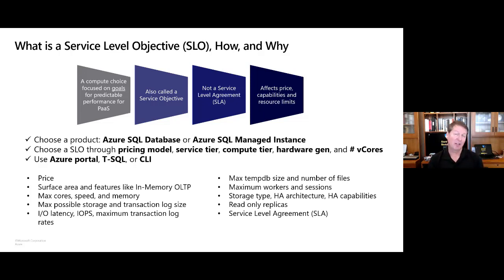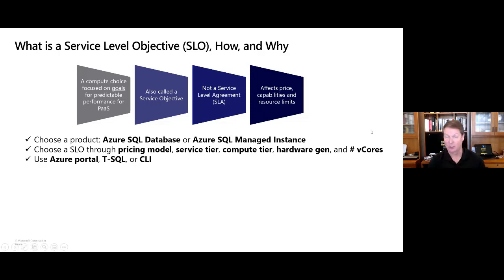Because you have decided for your app, when you're deploying on your own, what kind of resources do I need, both from a CPU, memory, and IO perspective and storage perspective? And then what kind of configuration options do I get, and what availability requirements do I get? So we're going to go into more detail now and compare Azure SQL Managed Instance and Azure SQL Database, what these decisions and choices look like.